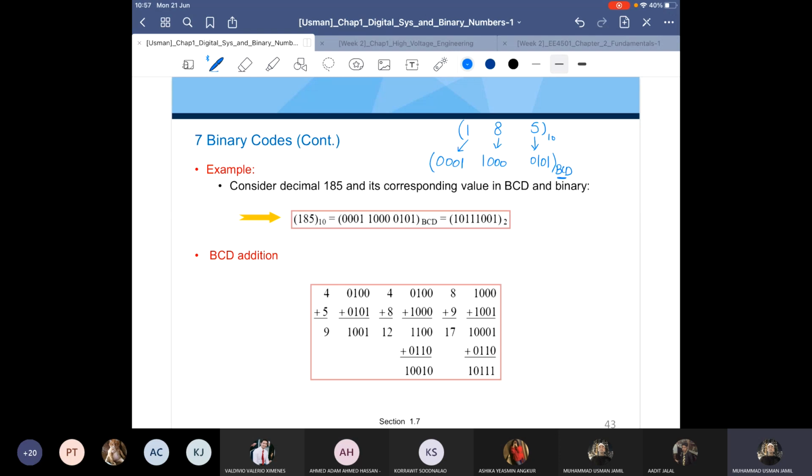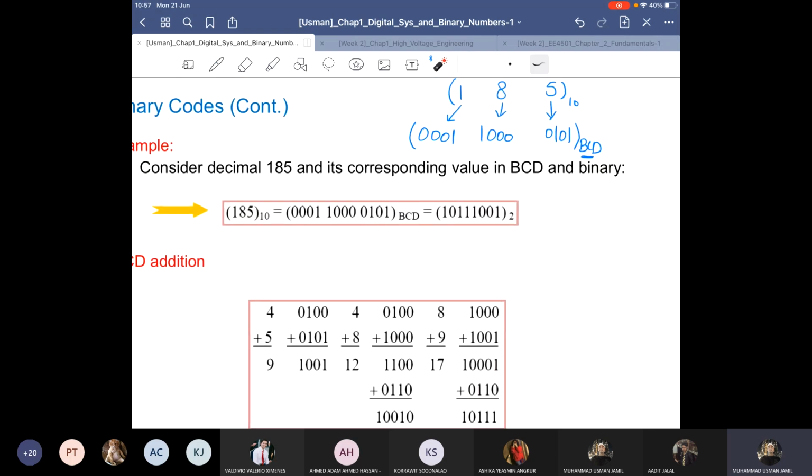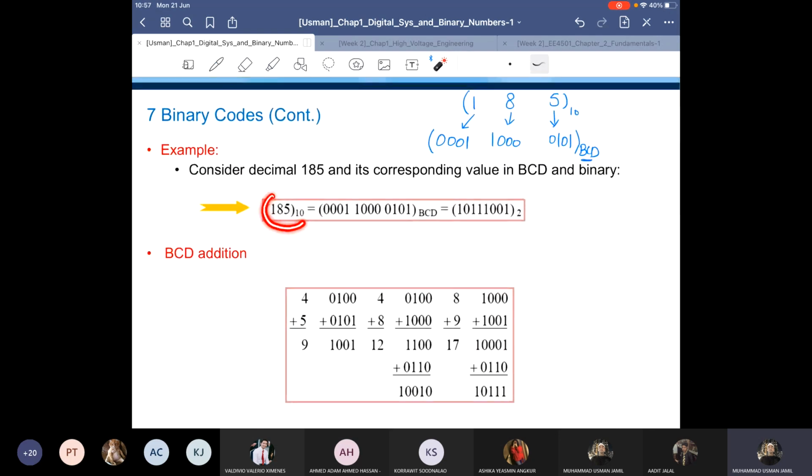Now you can see this number is in base decimal, and this number is in BCD. So don't confuse: BCD is not equal to binary. 185 in binary is different. If you convert 185 into binary, we have 10111001.